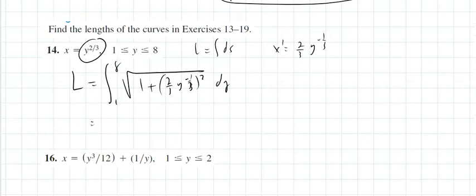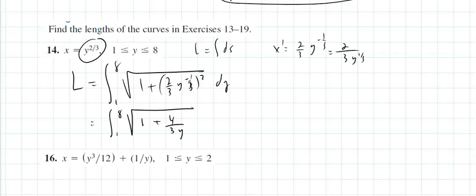And if you really work this, I'm just going to clean that up a bit. That's 1 plus 4 over 9, because 2 over 3 y to the 1/3, when you square it, is y to the 2/3. And if you get a common denominator, that pretty much does the trick.